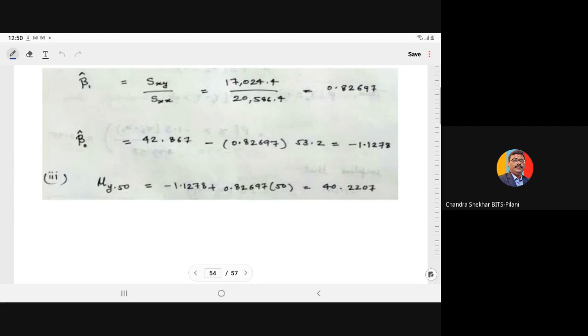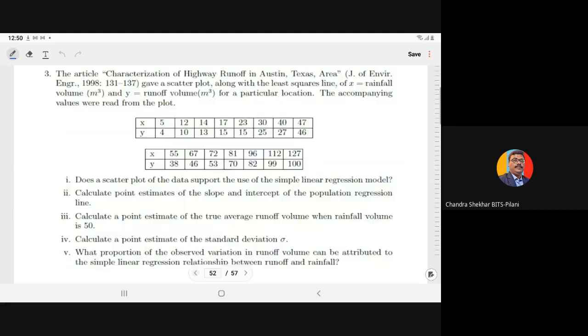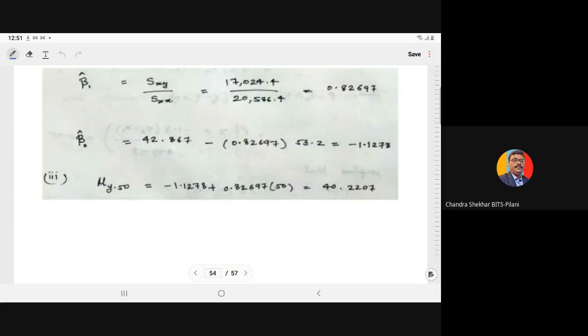In the third part it is asked to calculate the point estimate of the true average runoff volume, meaning the expected runoff volume when the rainfall volume is given as 50. So when there is a rainfall of 50 cubic meters, what is the expected runoff?